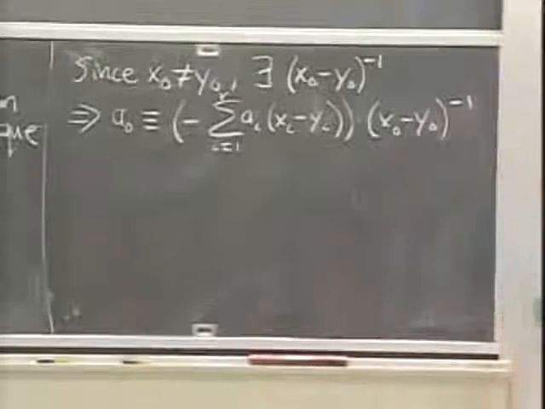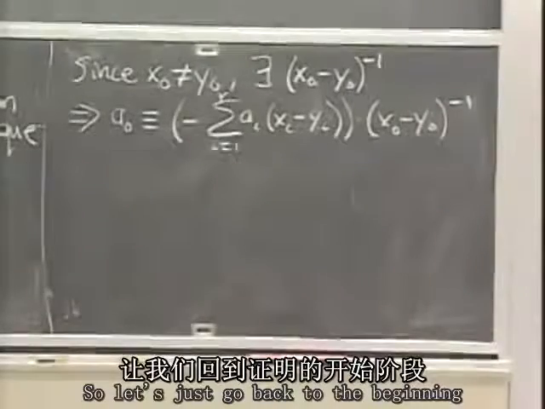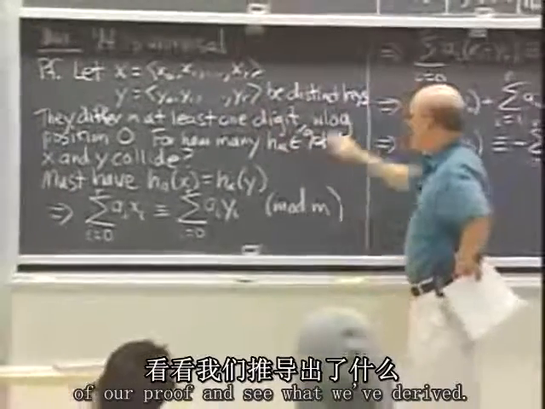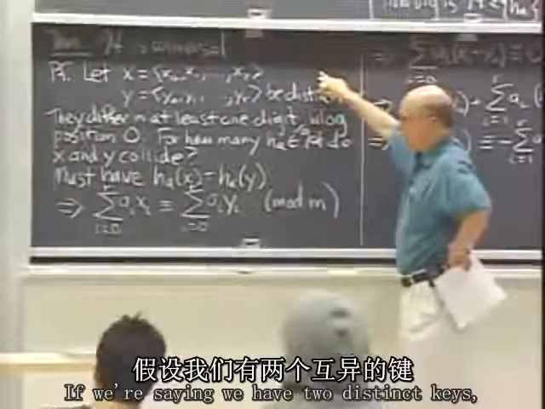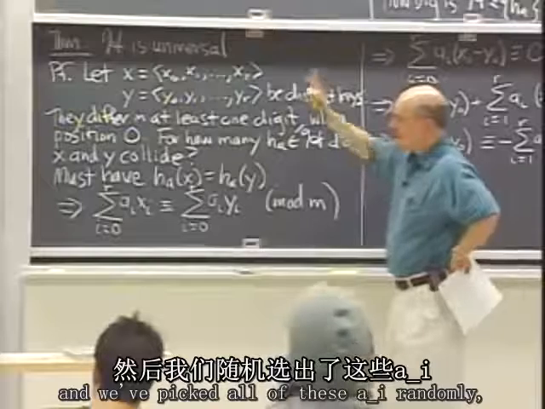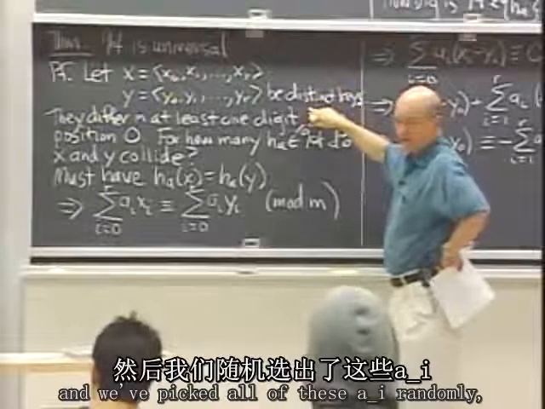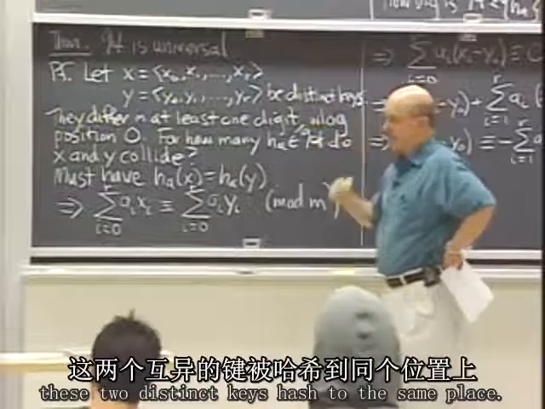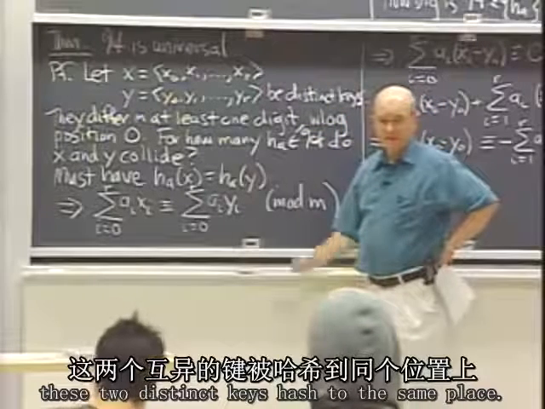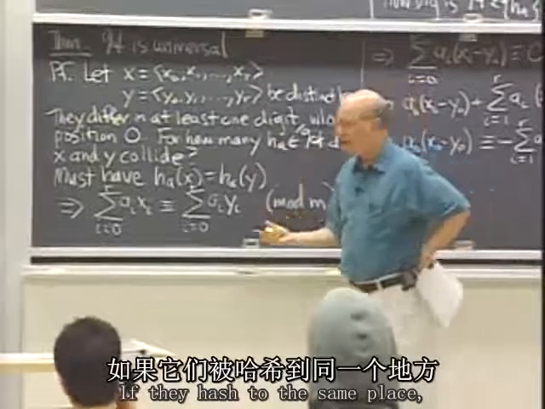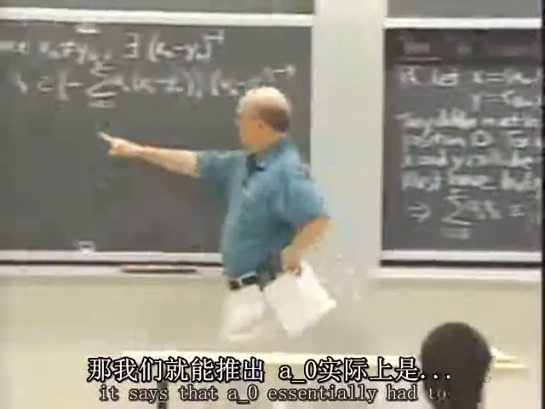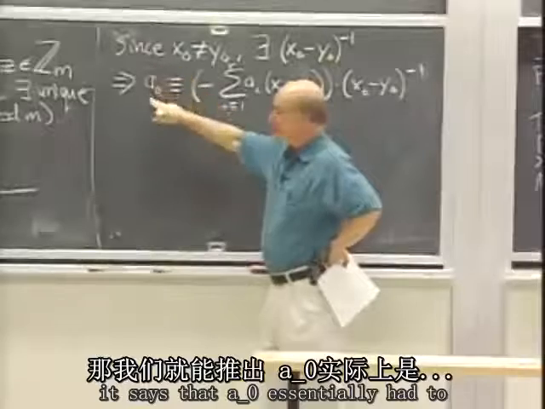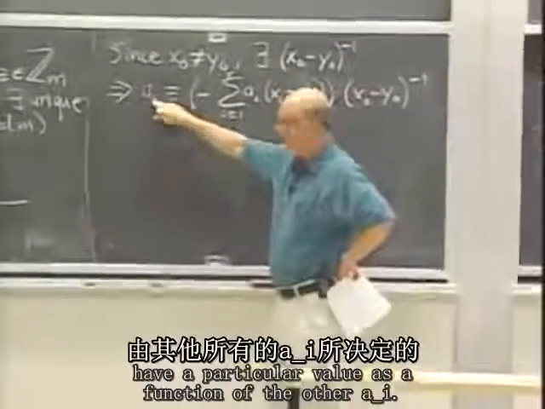Okay. So let's just go back to the beginning of our proof and see what we've derived. We're saying we have two distinct keys, and we've picked all of these ai randomly, and we're saying that these two distinct keys hash to the same place. And if they hash to the same place, it says that a0 essentially had to have a particular value as a function of the other ai.